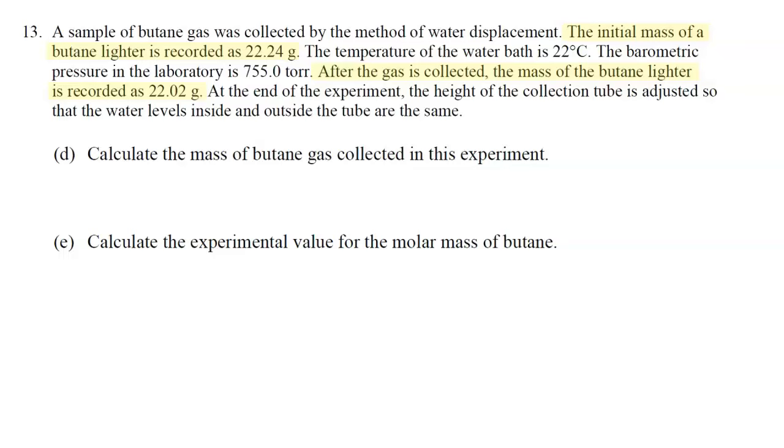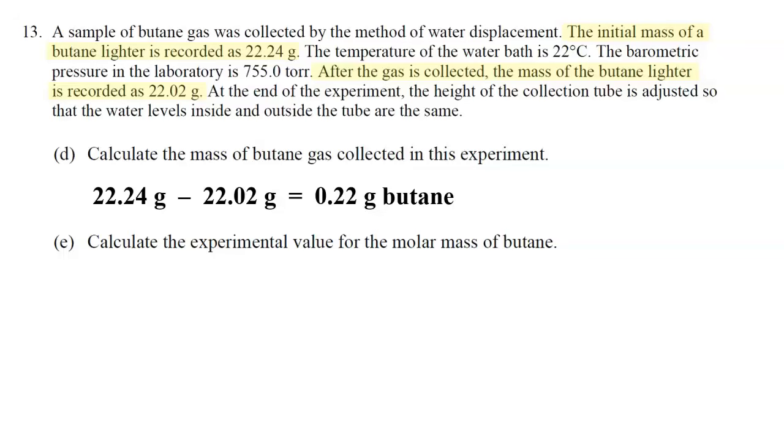So what's the difference in mass? That would represent how much butane gas was collected in this experiment. So 22.24 minus 22.02 gives us a value of 0.22 grams of butane. That's the answer to part D.